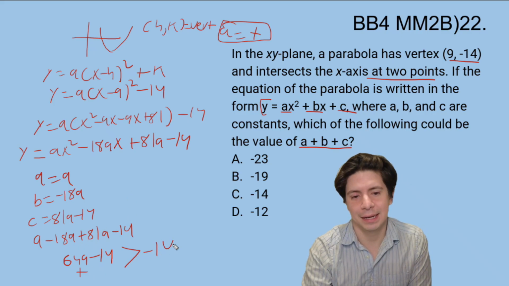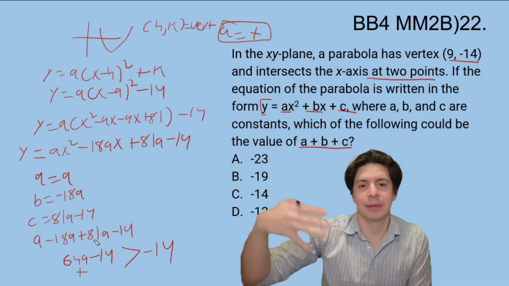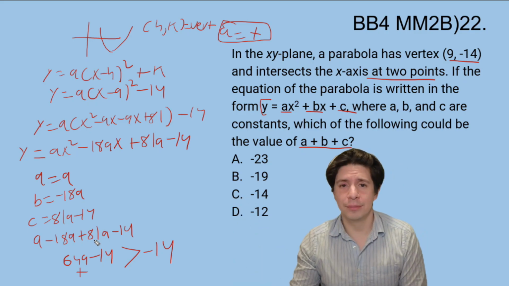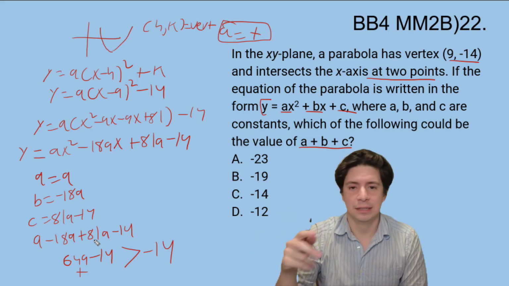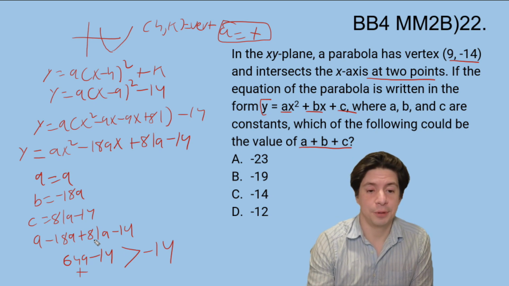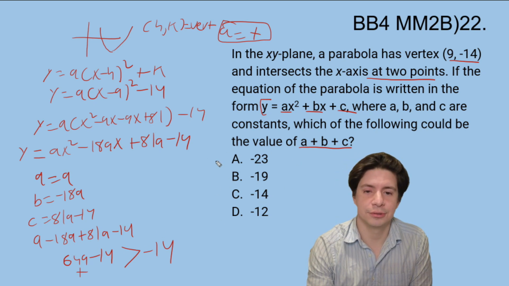It has to be greater than negative 14, because negative 14 plus a positive number is going to be bigger than just negative 14. We don't know if a is a whole number, an integer or a fraction. It could be 0.1. It could be a million. We don't know. But we do know that it's positive. So this has to be bigger than negative 14.